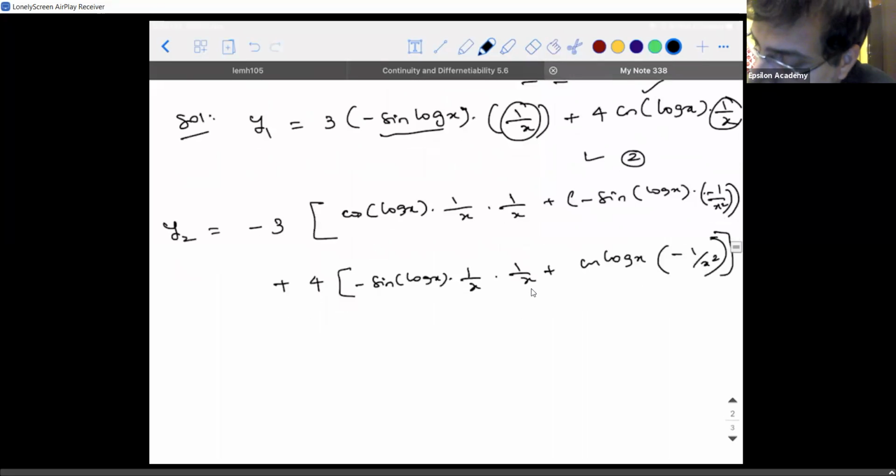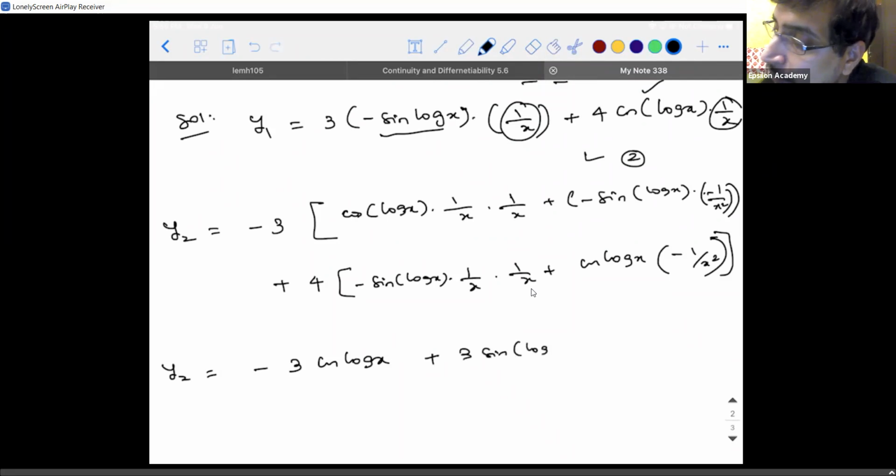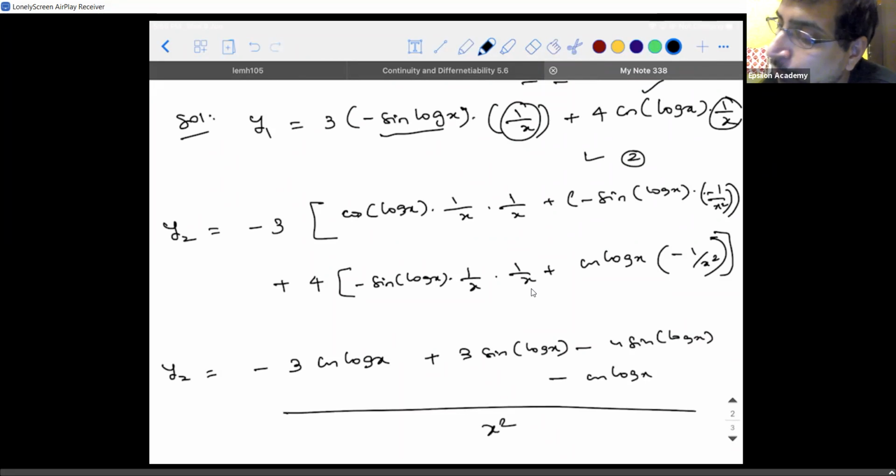So if I take the LCM for y2, I will get minus 3 cos of log x plus 3 sine of log x minus 4 sine of log x minus cos of log x, the whole divided by x square.